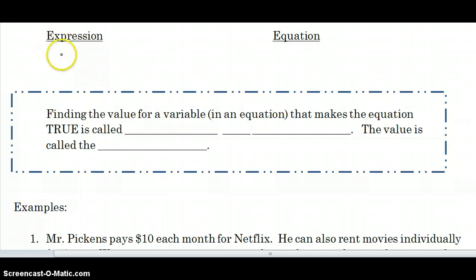An expression, here's an example of an expression, 3x plus 5. Now, to have an equation, it needs to have an equal sign. So 3x plus 5 equals 2 makes it an equation. So equations, the root word in equation is equal.